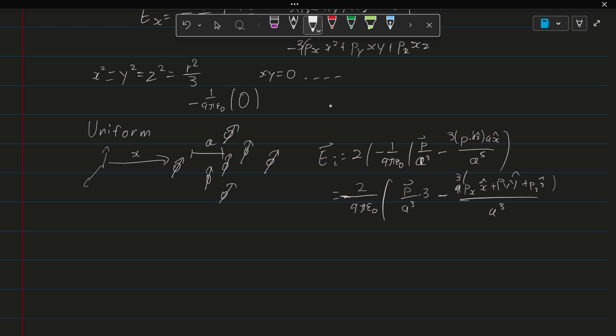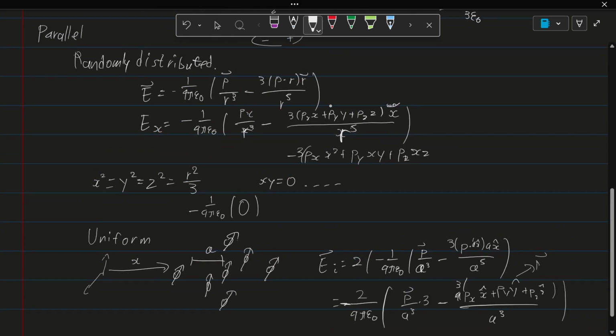And so what we observe here is that this is also p vector. That means that this would evaluate to 0 as well. So we see that we could actually just assume that the E inside vector is actually 0 if you do a certain modeling, like if it's uniform or if it is randomly distributed, as long as they are having the same value in the same direction or parallel.